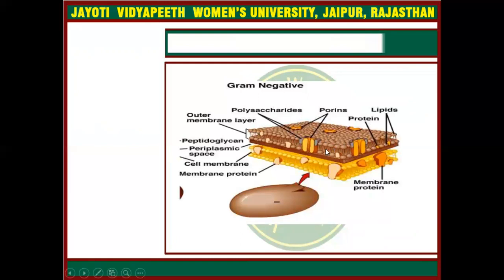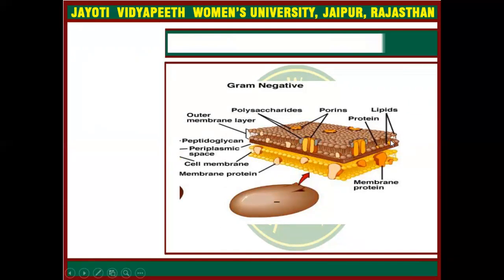This is the peptidoglycan layer, and this is the membrane. These are the membrane proteins. The porins help the bacteria to pass some selected molecules in or out, and proteins are similarly embedded inside it.